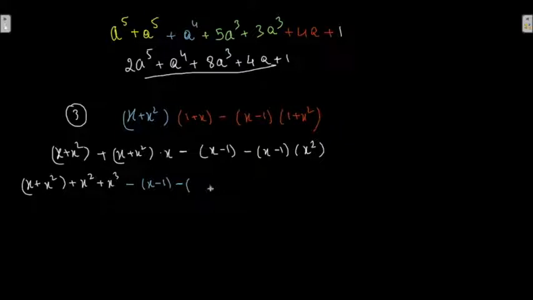X into x, it becomes x square, and then x square into minus 1. X into x becomes x cube. X square into x becomes x cube minus x square.